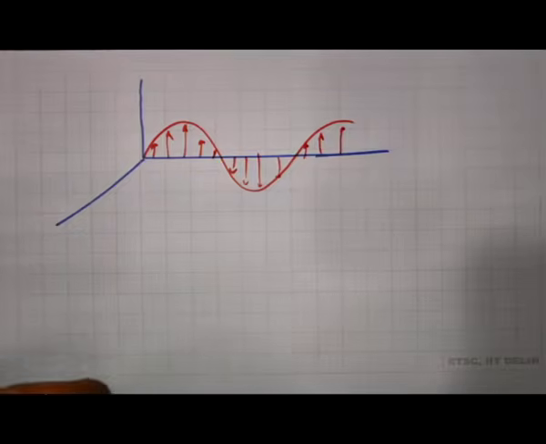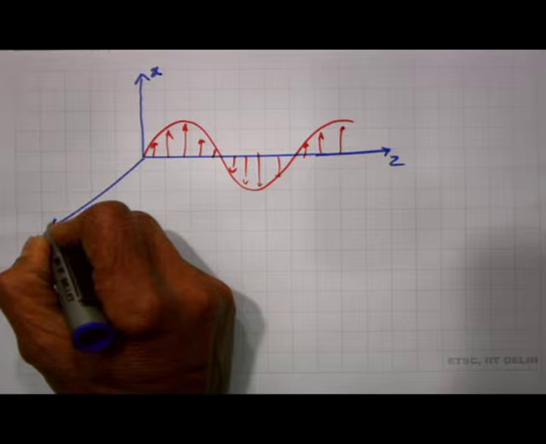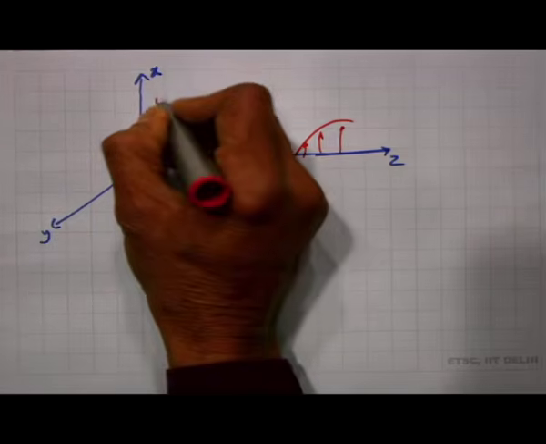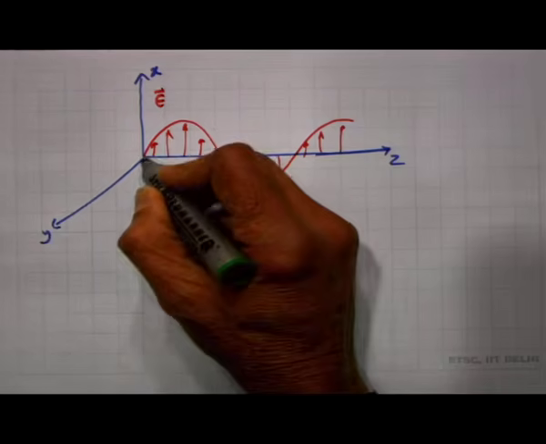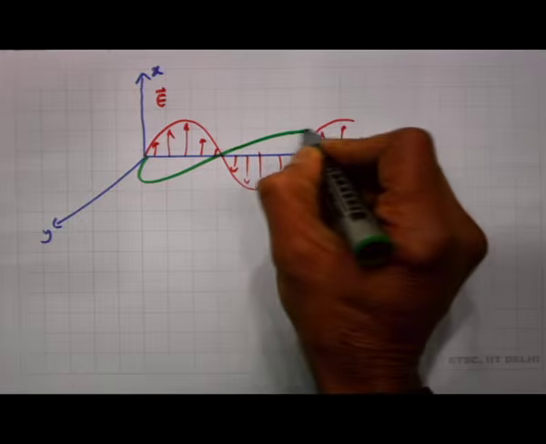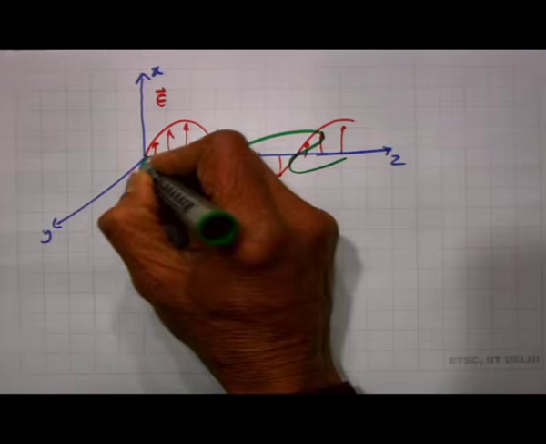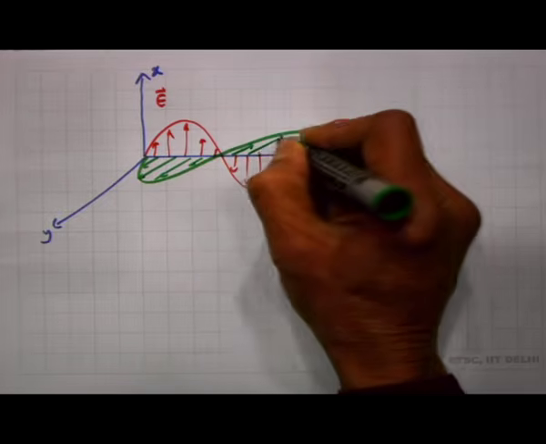This is the z direction, this is the x direction, and this is the y direction. So, the electric field is pointing in the x direction, and the corresponding magnetic field I had drawn like this. The magnetic field vectors are perpendicular to the electric field vectors.